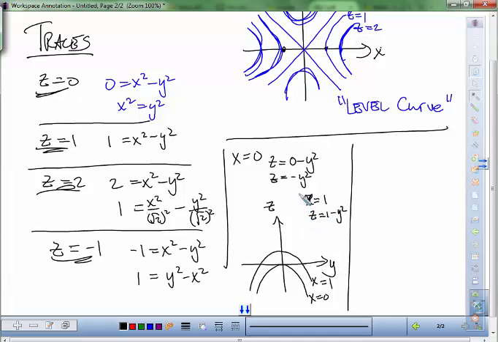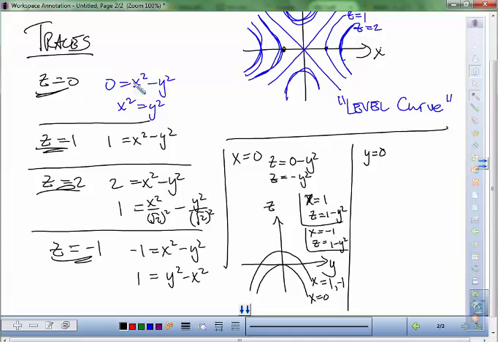How about x equals negative 1? Z is equal to, x is being squared, so that's 1 minus y squared again. Same thing, right? So it looks like I'll have the same trace whether I have positive or negative. If x is equal to negative 1, we're going to square that, so it becomes positive again. So it's still going to shift the same direction.